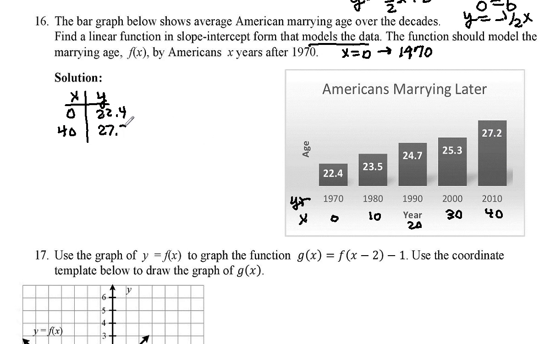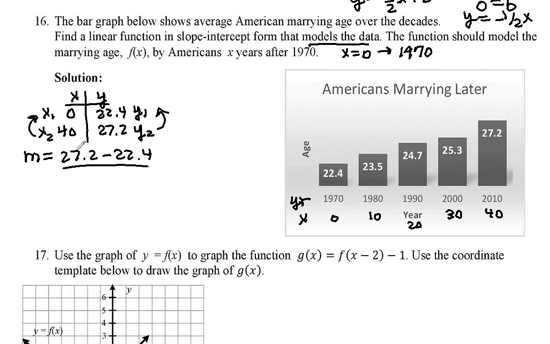So people waiting longer to get married. So we've got a first x and a first y, and we've got a second x and a second y. So now we can compute our slope, which is y2 minus y1. So we subtract these: 27.2 minus 22.4 over x2 minus x1, 40 minus 0.